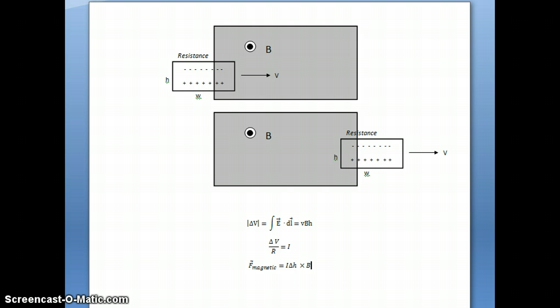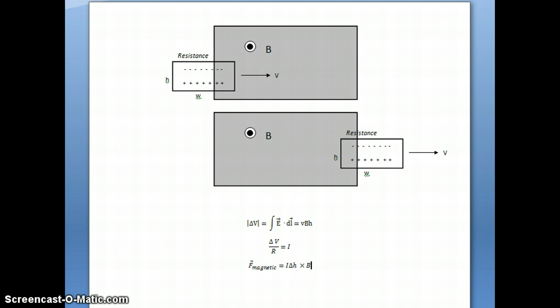If we have a uniform electric field, we can find the change in potential by integrating over the dot product of the electric field and the length, which will give us the velocity times the magnetic field times the height. Now that we have the change in potential, we can use the definition of resistance to find the current. So the current will be the change in potential divided by the resistance in the wire.